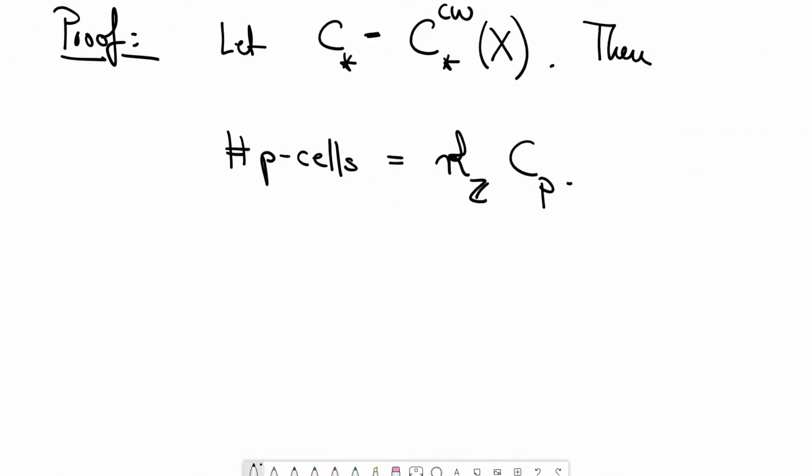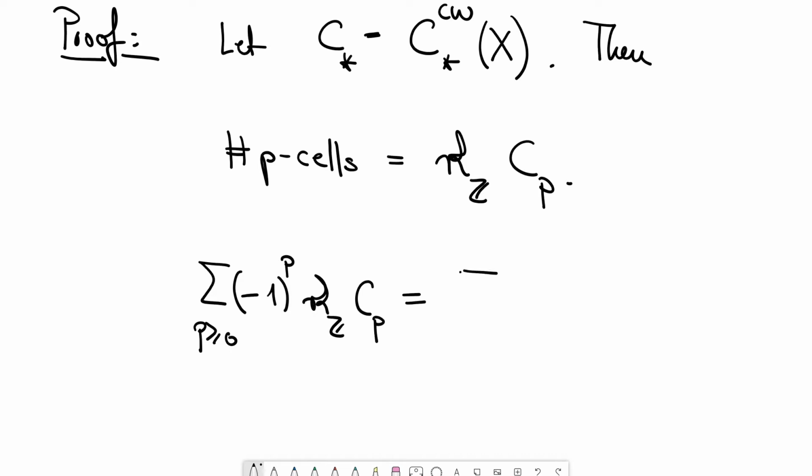Therefore, we can rewrite the equality that we want to show as the alternating sum of the ranks of C_* on the left side, and on the right-hand side was the alternating sum of the Betti numbers, but the singular homology is the homology of the cellular chain complex. It's the homology of the complex C_*, and the Betti numbers are the ranks of these groups.